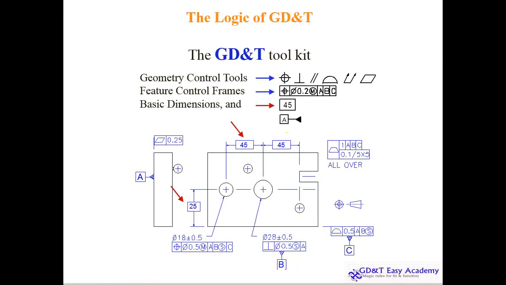But this 25 you cannot vary, and this 45 is a typical position, and this 45 also is a typical position. So all these typical dimensions you never try to apply tolerance to, because these are basic and critical dimensions. So how do you know which is a basic dimension and which is not? That also is a part of GD&T.